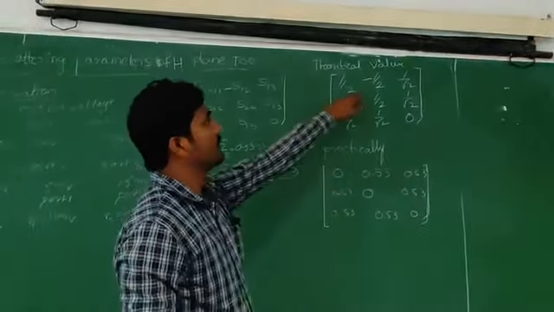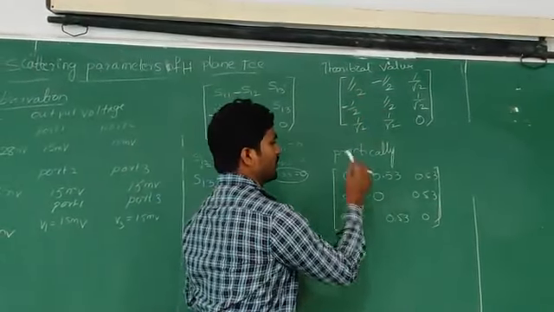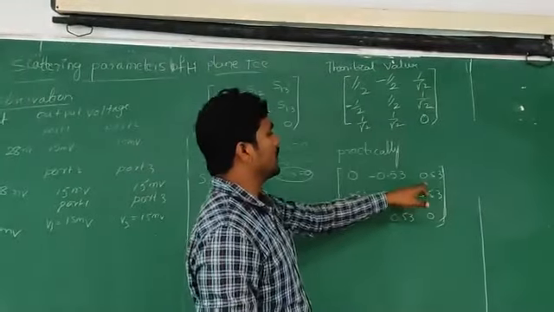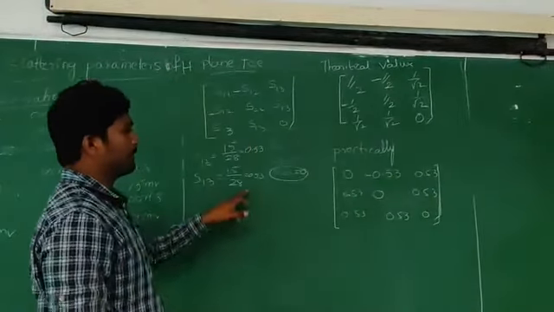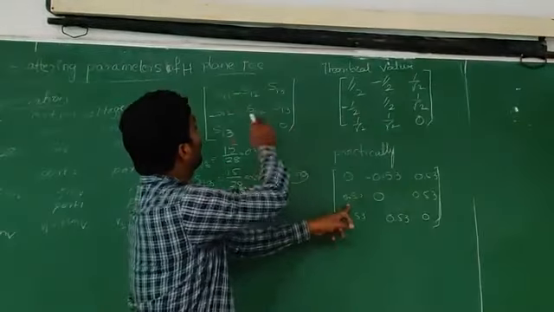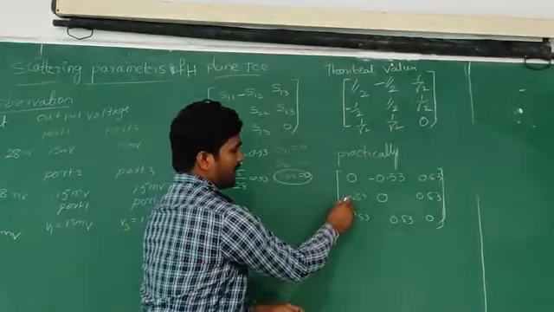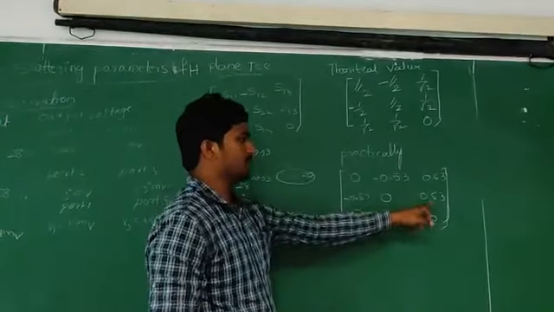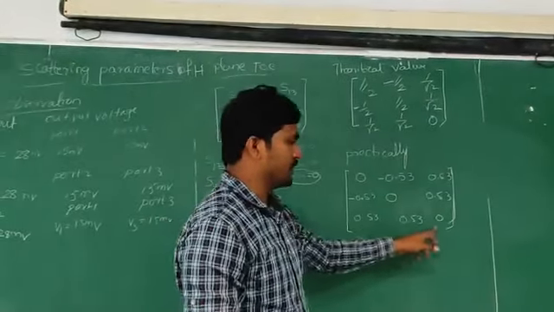Here we got a negative value, so we can put it as negative. As well as S13 is equal to 0.53. The matrix is 0, 0.53, 0.53, and so on.